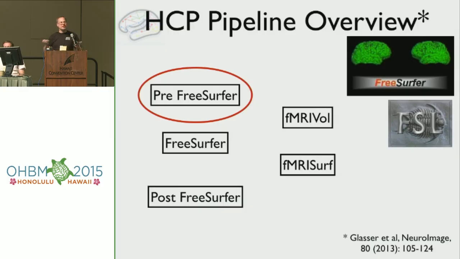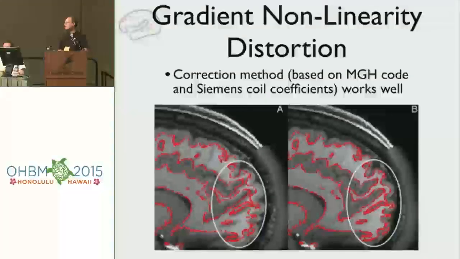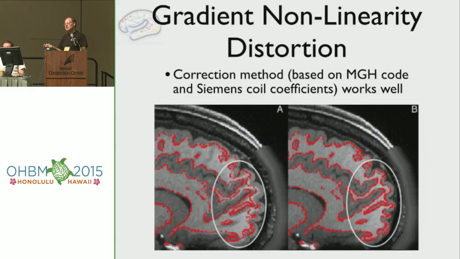What we've been talking about mainly in the whole session today are things which would fit into the pre-FreeSurfer aspects of pre-processing. And one of the things which hasn't come up so far today, because on a lot of scanners you don't have to worry about it, is gradient nonlinearity distortions, and the scanners quite often correct for that reasonably.